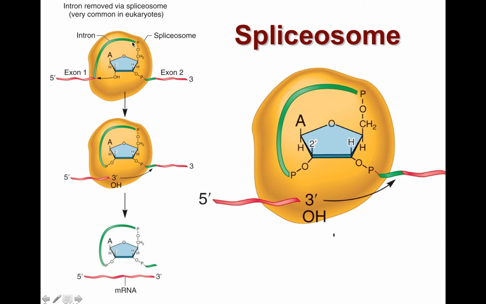So an internal adenosine residue has a 2' hydroxyl, because it's an RNA molecule, that attacks the 5' splice site, makes the circular portion of the intron. This free 3' hydroxyl attacks the 3' splice site, and this lariat structure is released, and the messenger RNA is now ready to synthesize a protein. Let's look at some of these individual steps of splicing.